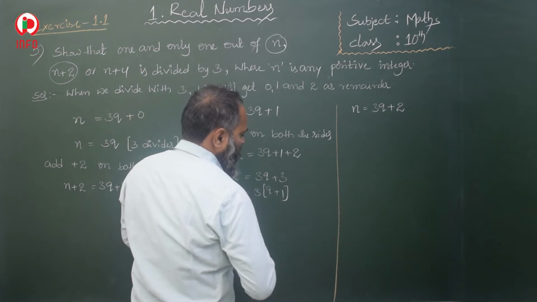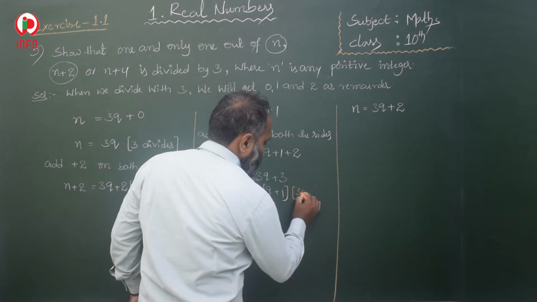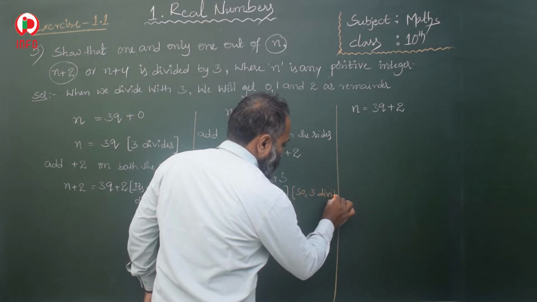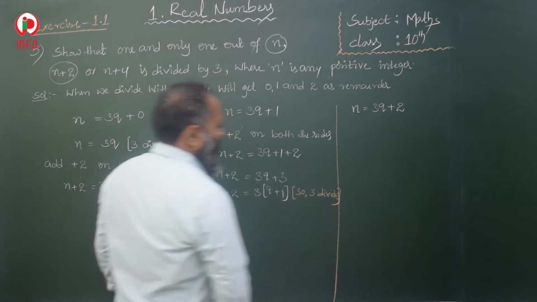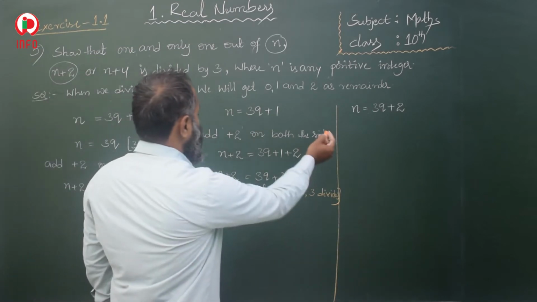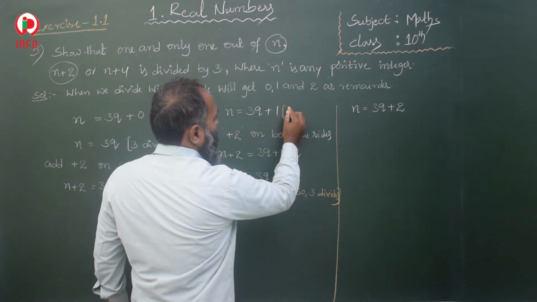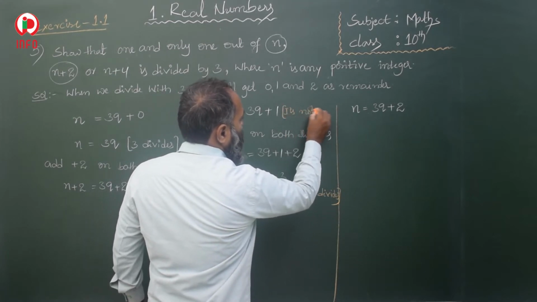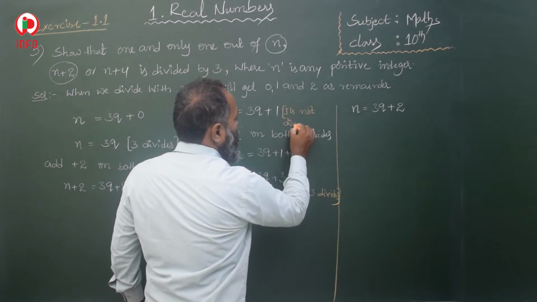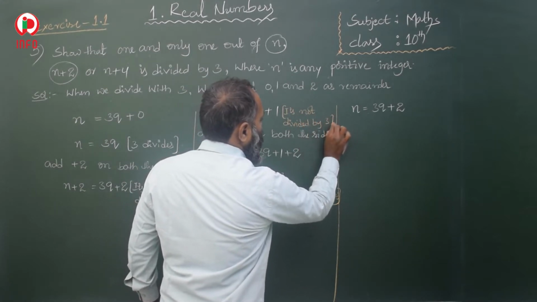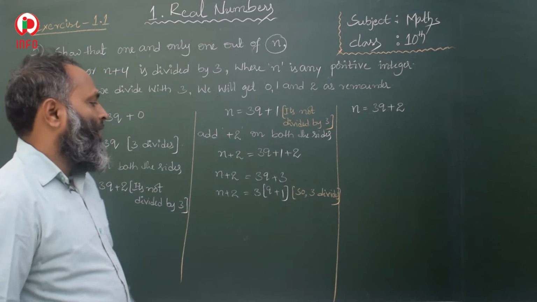So 3 divides here, okay. So in the first case it's not divisible by 3, and in the second case it's divisible.